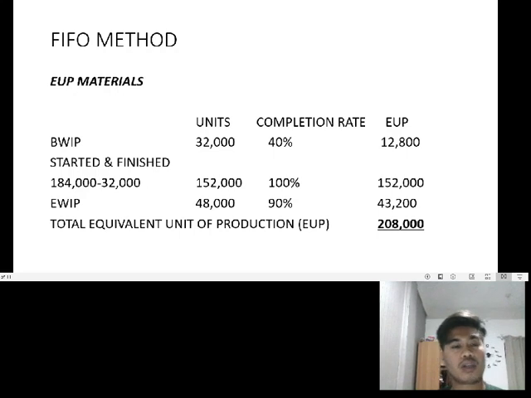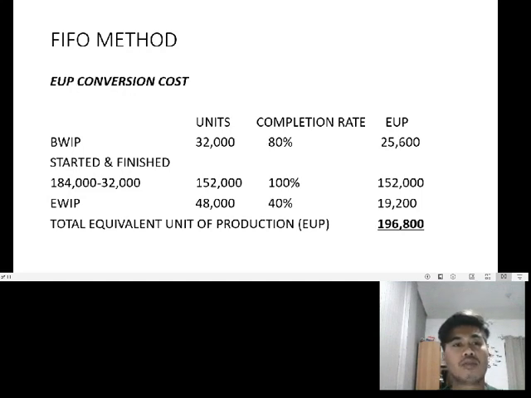Sa ending work in process naman, may 48,000 ka, pero yung completion rate niya is 90%. So, ita-times mo yung units accounted for times yung completion rate, makukuha mo yung 12,800, 152,000, and the 43,200. So, yung total equivalent units of production is equal to 208,000 under FIFO method for materials.